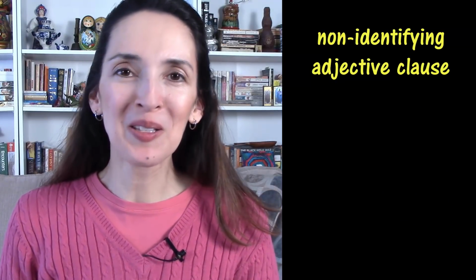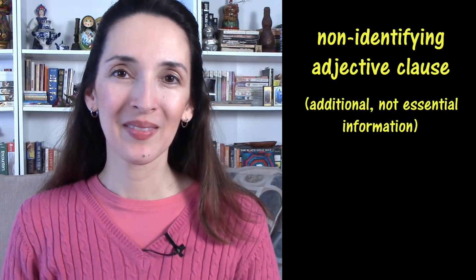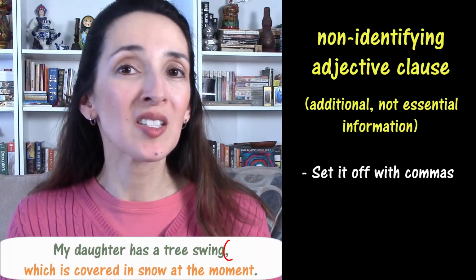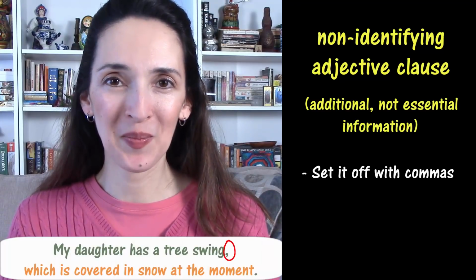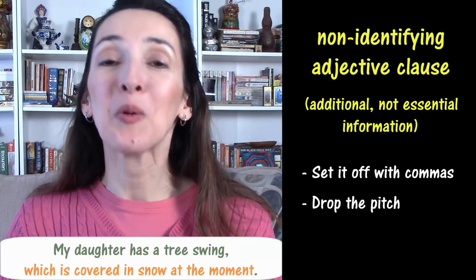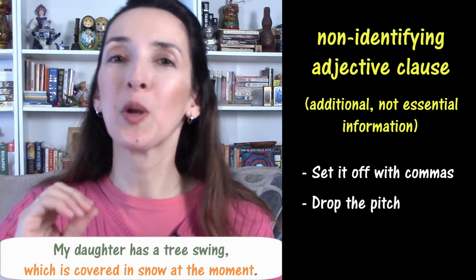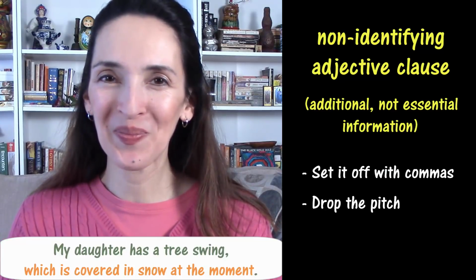Here's what you need to know about these kinds of adjective clauses with additional information. In writing, we need to set it off with commas. In speaking, we change our pitch. Our voice usually drops a bit when we add this information.